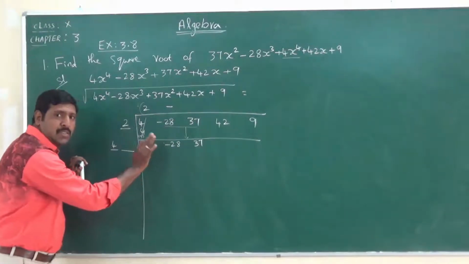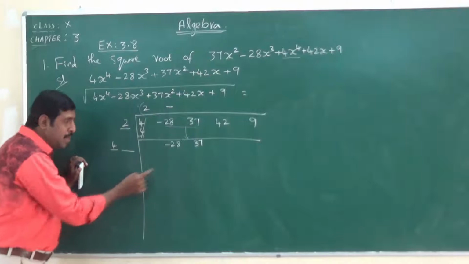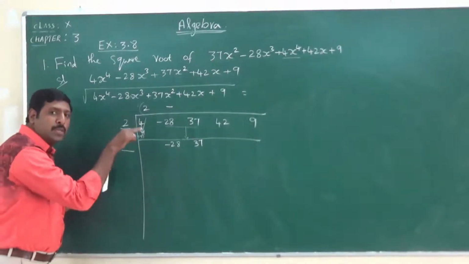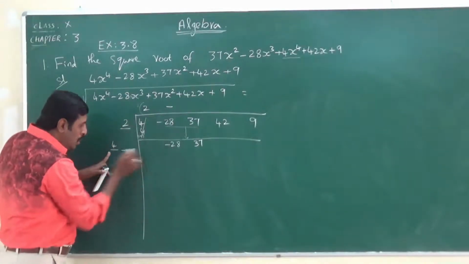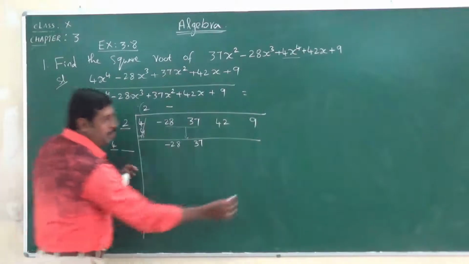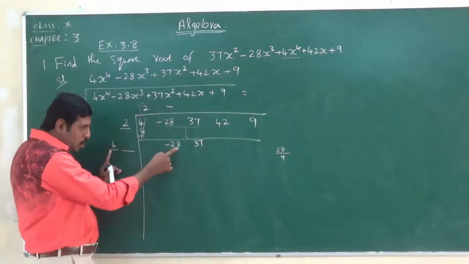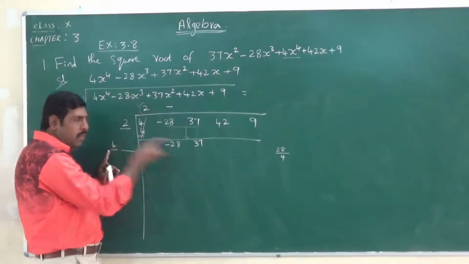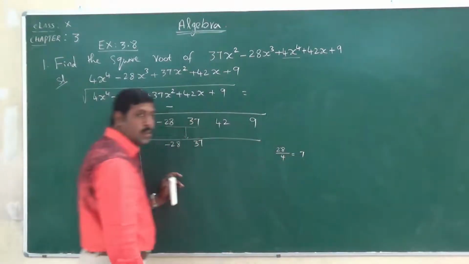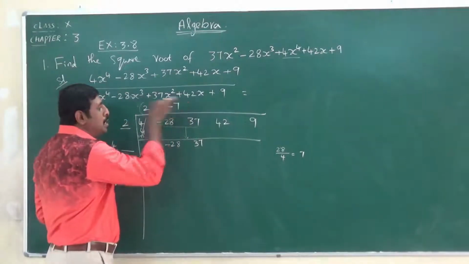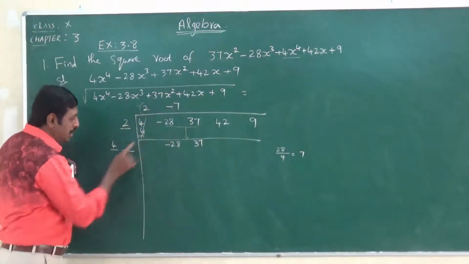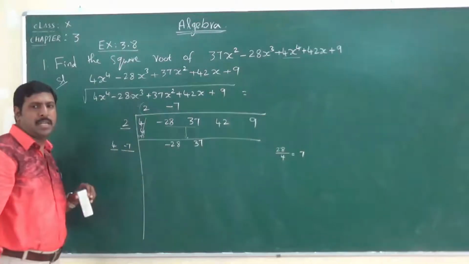To cancel it, we have to find the number to multiply: just take these two numbers, 28 and 4. 28 divided by 4, we get the value 7. That is the number we multiply, minus 7, and here also we get minus 7.